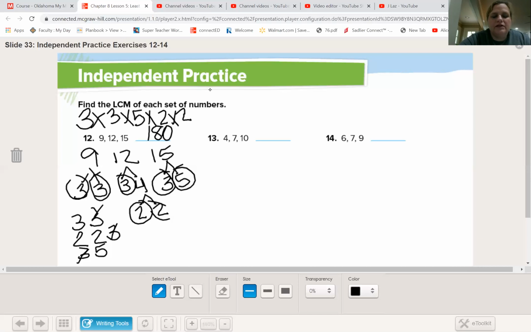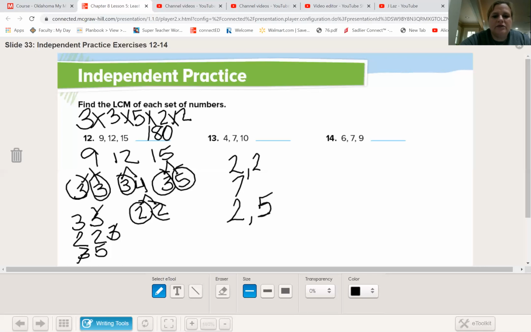Okay, this one I'm going to skip a step because I know that if I factor 4, it's going to be 2 and 2. Now I can make the tree if I want to, but 7's already prime, so it's just 7. And 10's an easy one, it's just 2 and 5.